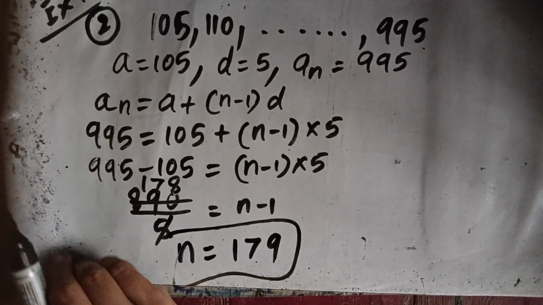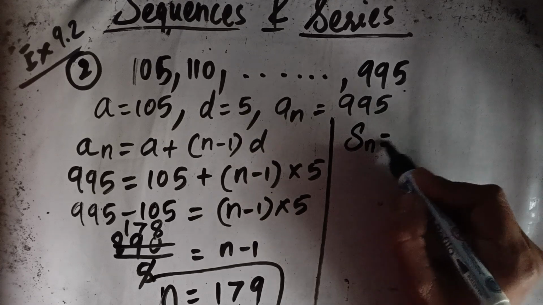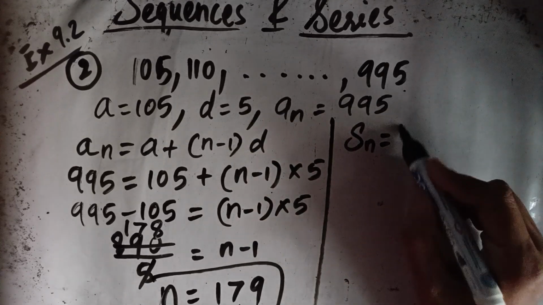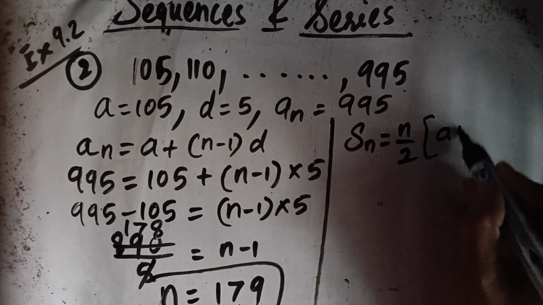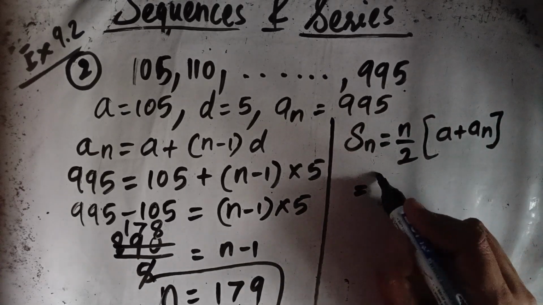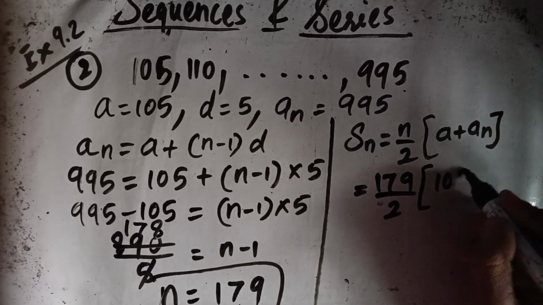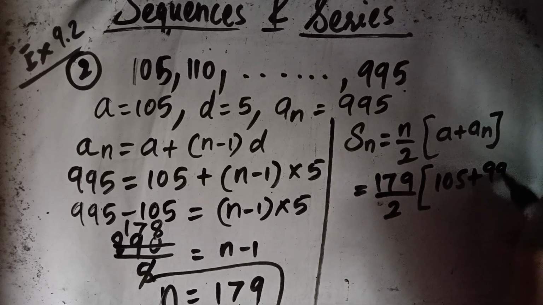This we have to use for Sn. Again you can use the same formula, n by 2 into a plus an. n is 179 by 2, a is 105, an is 995.